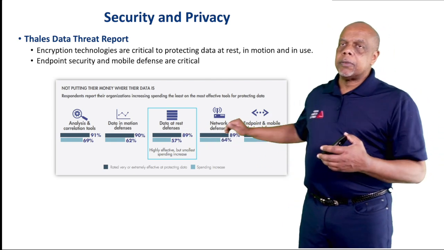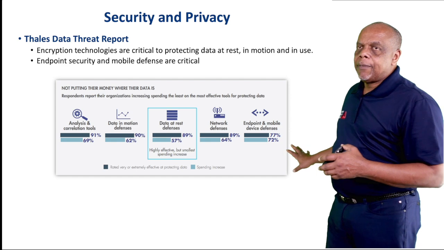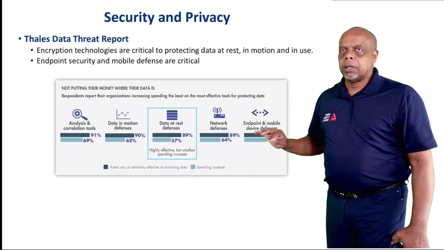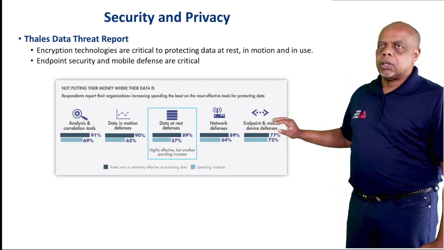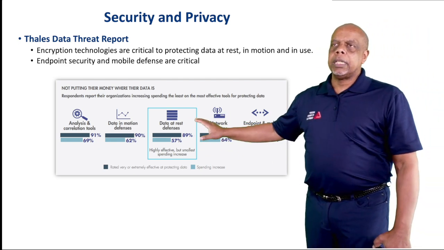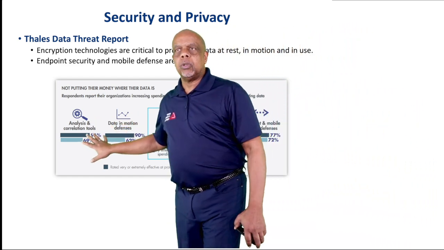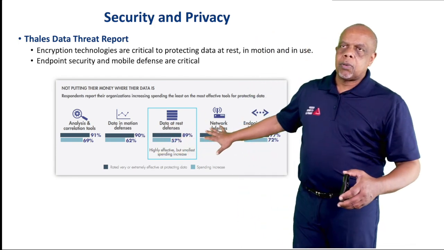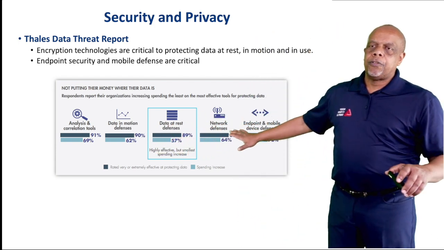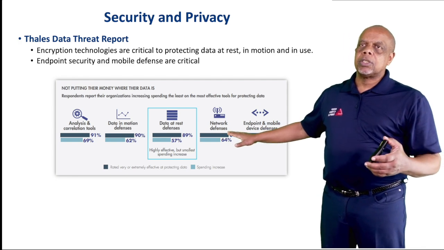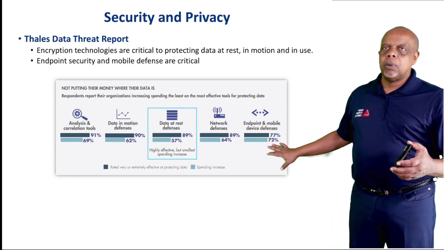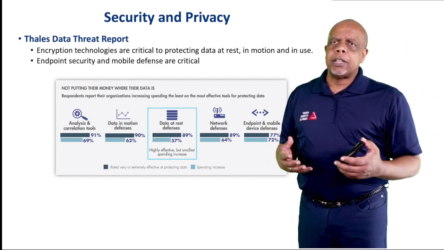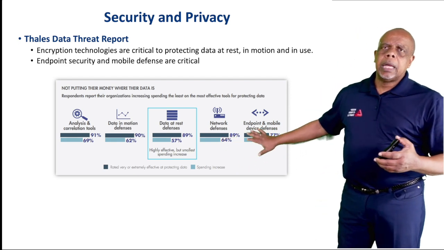Not that any of these are bad or any of them is the utopia, but having a balanced approach to security and privacy is what we're really talking about here, and that you're spending money at the right place. That your security budget is going to where it needs to be, that you've got the right analytics tools, that you have the right type of data in motion defenses, the right encryption, that you have the right data at rest encryption, your network defenses, your firewalls, your intrusion detection systems, they're where they should be, and you have endpoint security, MDM, mobile device management software that's running on your endpoints and your mobile devices.